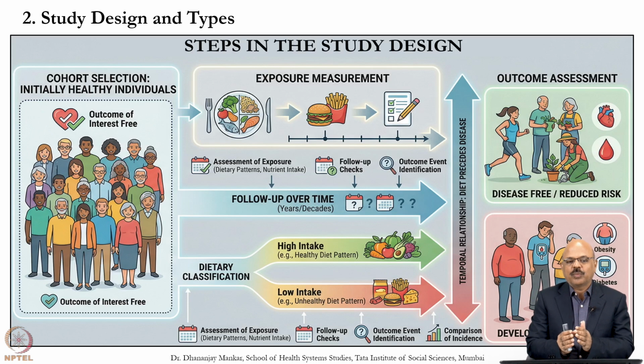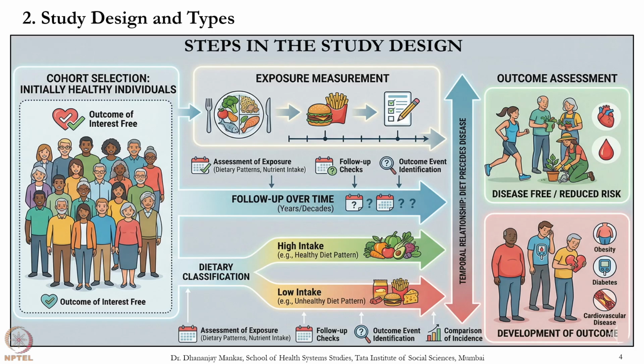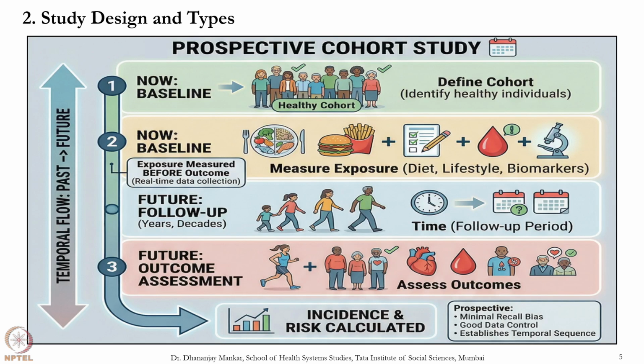The assessment of the exposure gains purity of information with a lot of follow-up checkups, outcome event identification and comparison of incidences. The development of outcomes such as obesity, diabetes and cardiovascular diseases depends on lifestyle, dietary changes and stress factors, which shows the different steps in the study design that identify the fate of any assessment.